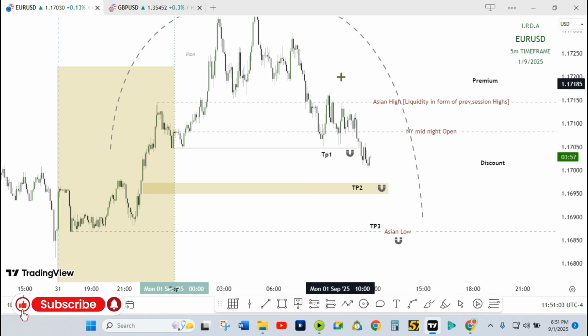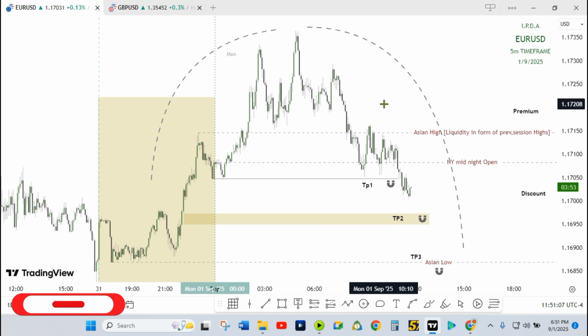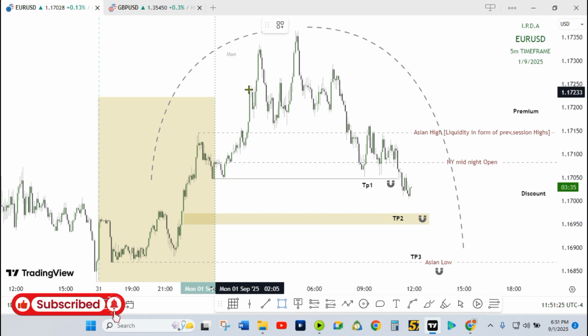That's how I'm framing my trade before taking a trade. After framing, having the full frame on how I'm going to trade, now I have to spot the gears from the premium to discount, and my gears are the same.